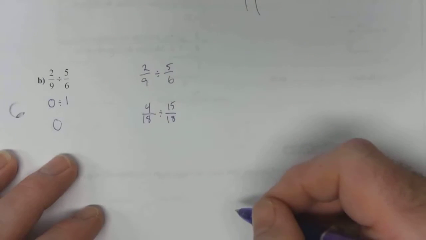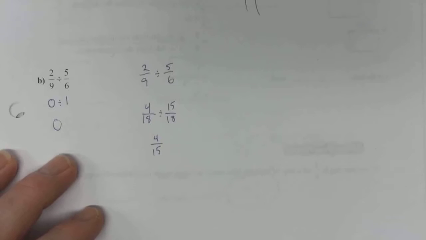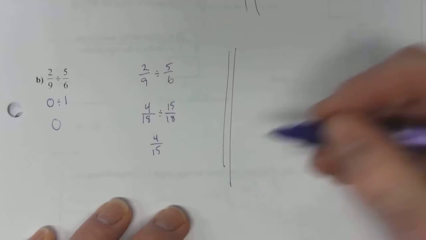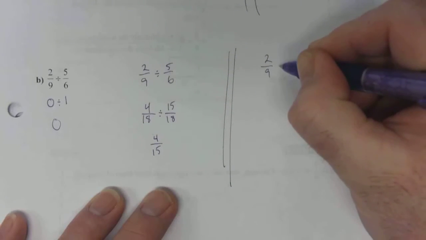Common denominator, so we can drop them, and we go straight to 4 over 15. That is my answer in lowest terms. So, once again, let's have a look at using the reciprocal method.